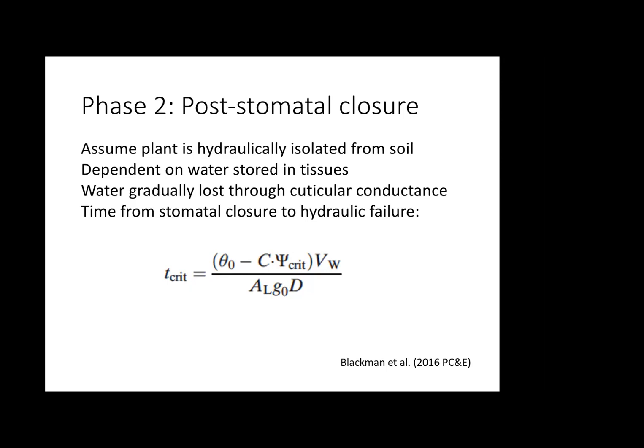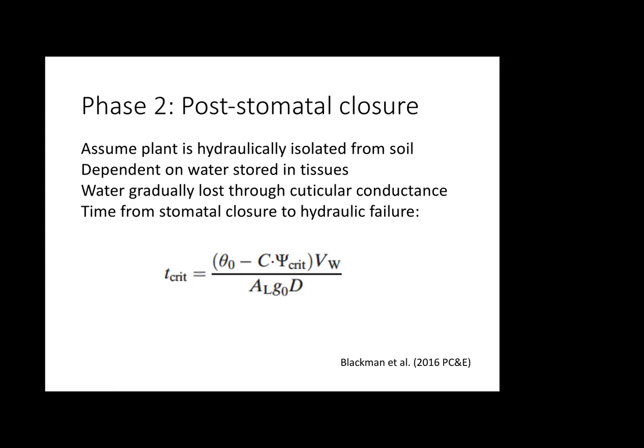And we try to predict the time from stomatal closure to hydraulic failure based on this equation that was introduced originally by Chris Blackman in 2016, where he argued that the time to critical hydraulic failure could be calculated by thinking about how much water there was in the plant and how long it would take to deplete based on the prevailing VPD, the cuticular conductance, and the leaf area.